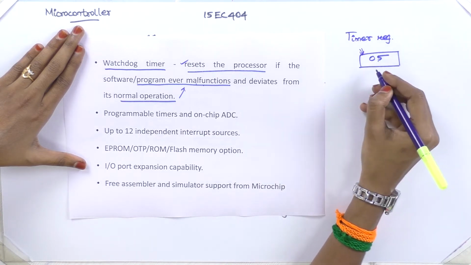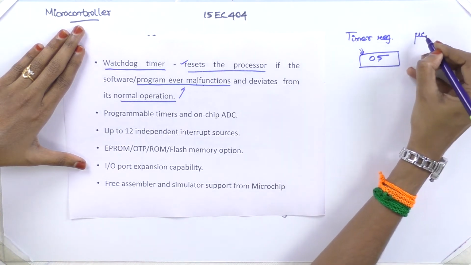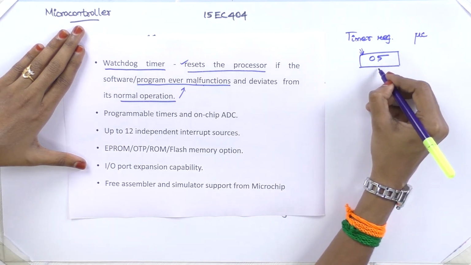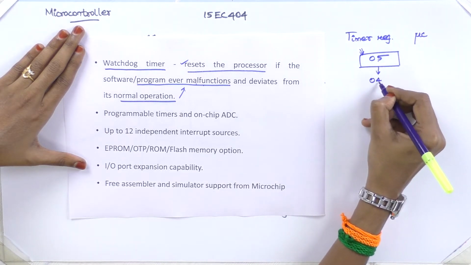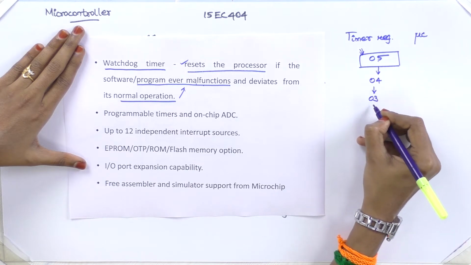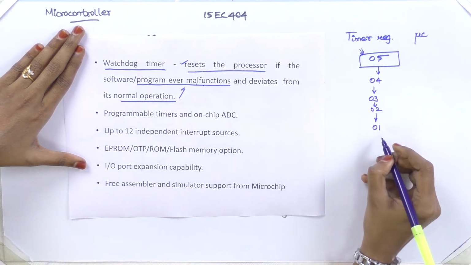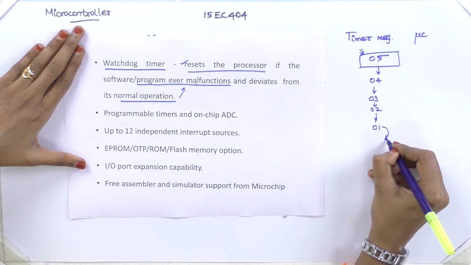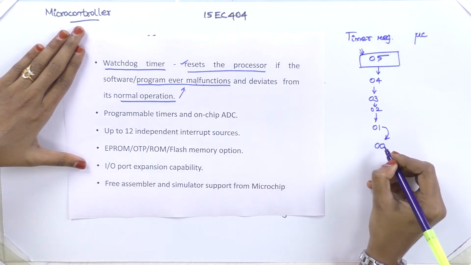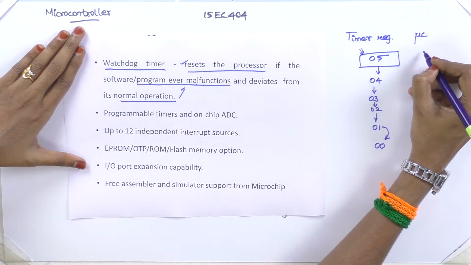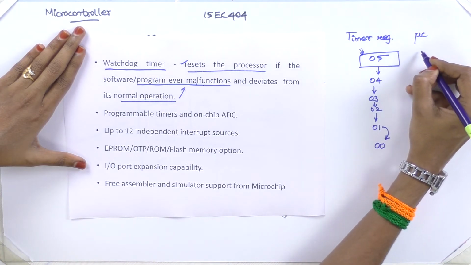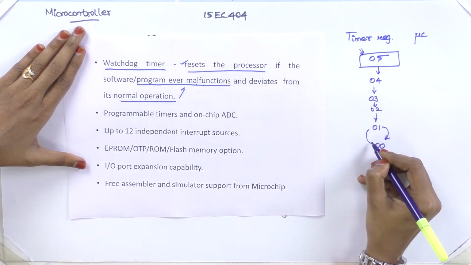If your controller is functioning normally, this value will be decremented to 0.4, then 0.3, then 0.2, then 0.1. From 0.1 it is supposed to decrement to 0.0. When your controller is functioning correctly, it won't allow the timer value to become 0.0.